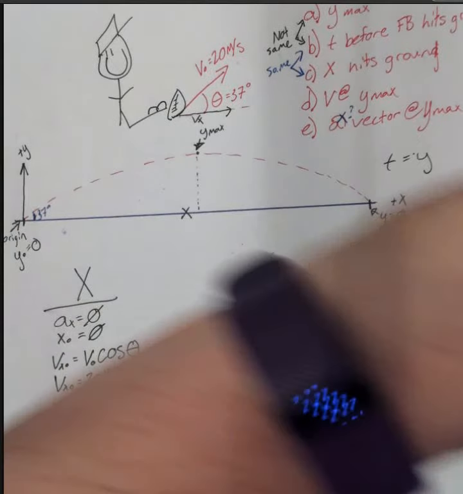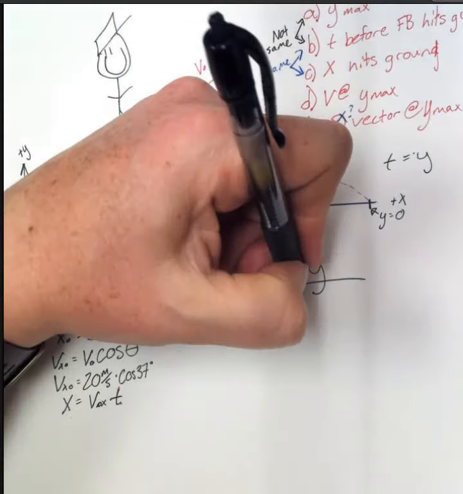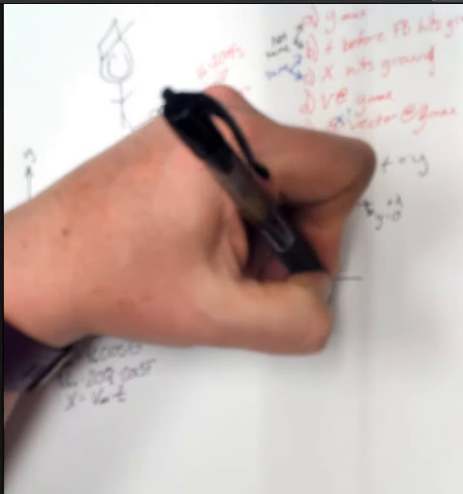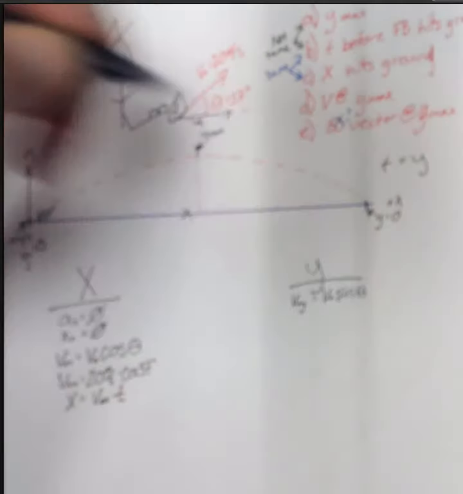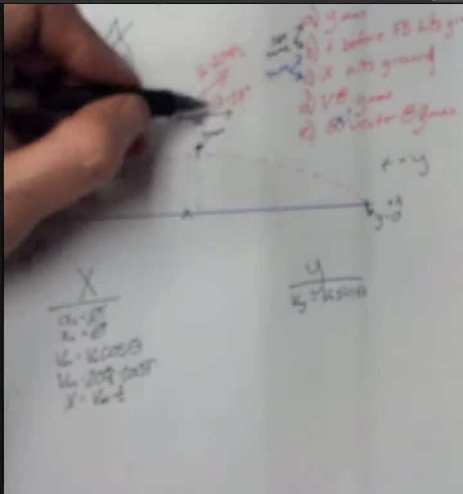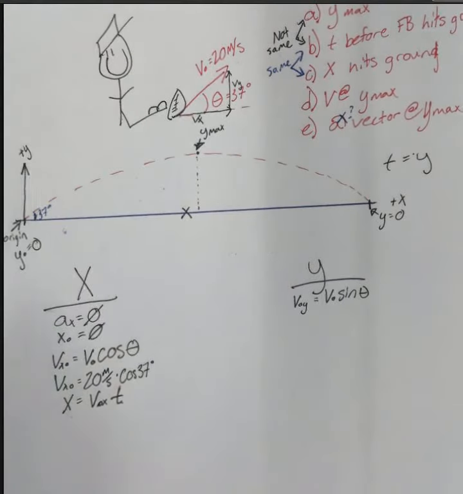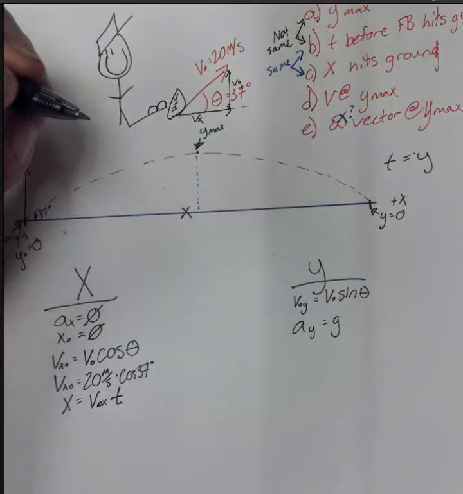The y plot says we're going down! And the y plot knows that the initial velocity is going to be given by the initial velocity times sine theta, because it's the y component of the initial velocity. And it knows that the acceleration in the y direction is going to be given by g.